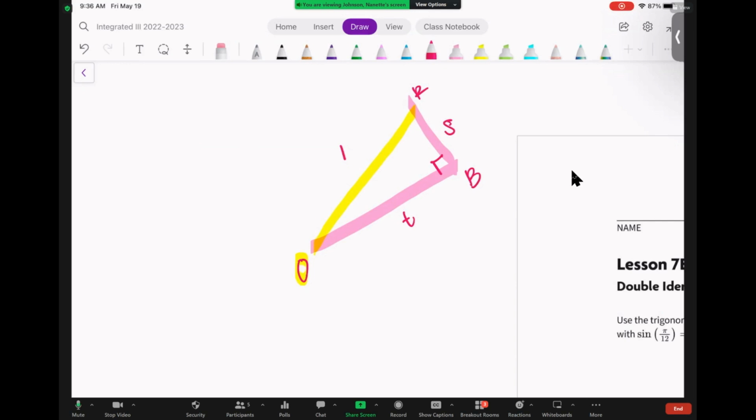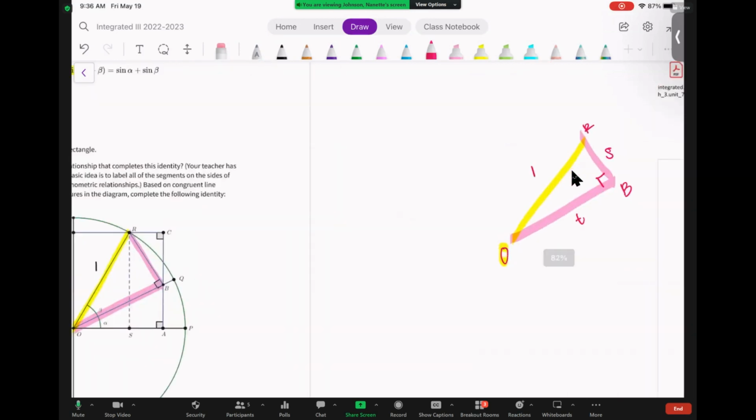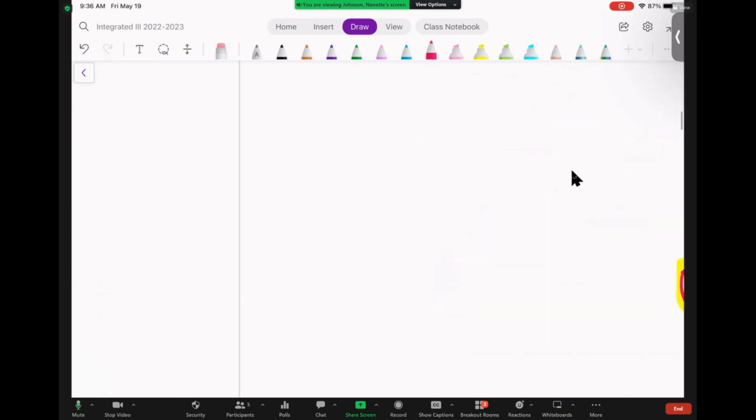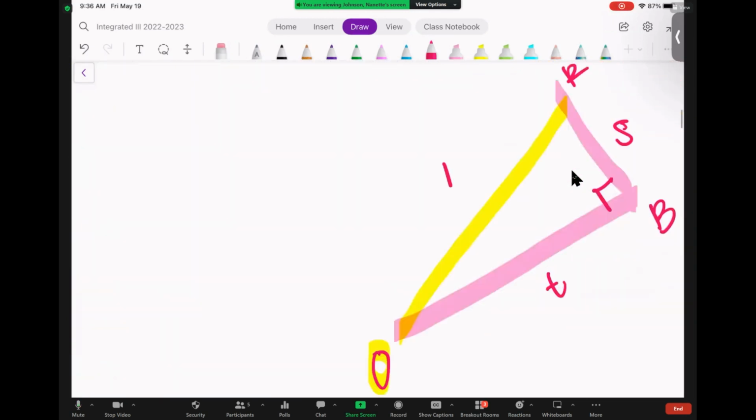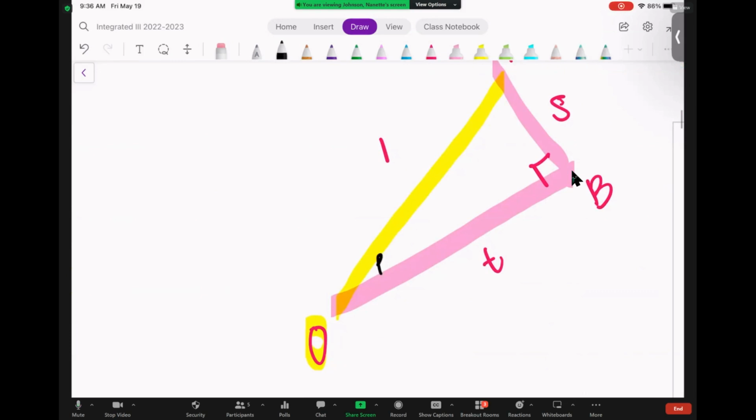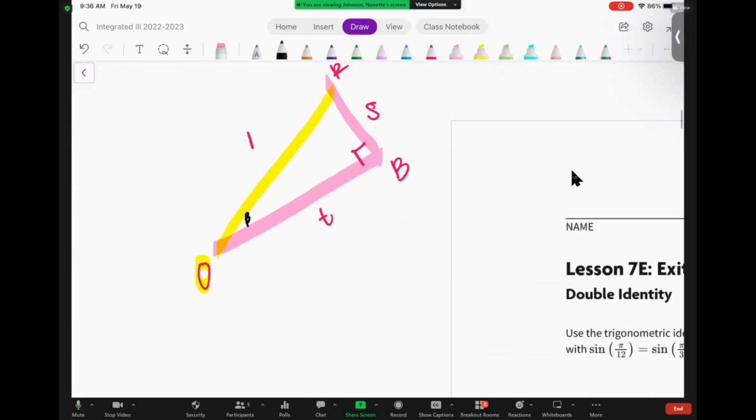This is the same thing that you just did in the jumpstart, so you guys should be okay. Oh, I forgot. This angle right here is beta. So go ahead and find S and T, and then we'll be right back.